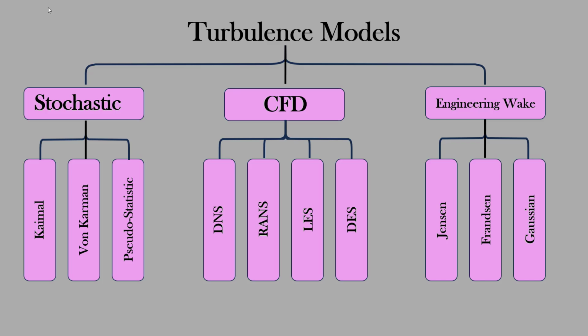So the detached eddy simulation is a combination of the approaches of LES and RANS. So CFD has to do with solving the Navier-Stokes equation, which provides four-dimensional or more data. It provides you your wind speed in all directions as well as in time space.